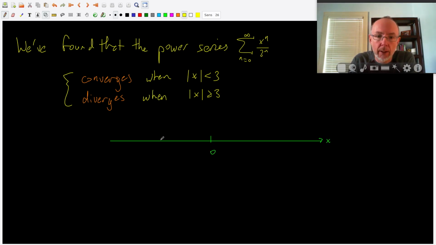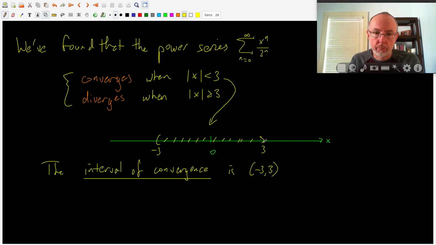It converges between minus 3 and 3, and then it diverges outside of that interval. So this is what we're going to call the interval of convergence. The interval of convergence is this open region minus 3 to 3 where the power series converges, and it diverges everywhere else.